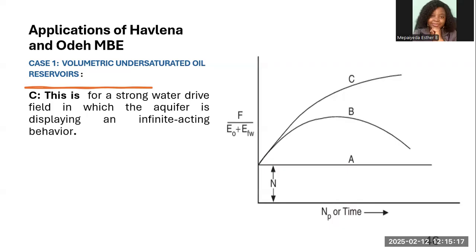So once that effect is felt at the boundary of your aquifer, there's something that is called the aquifer boundary. You still get to know this in your reservoir 2 or your advanced reservoir engineering. So once it is felt, it shows that the aquifer will deplete with time.